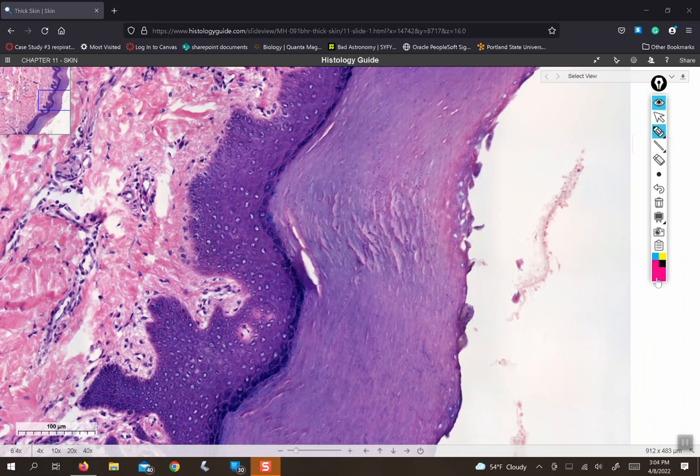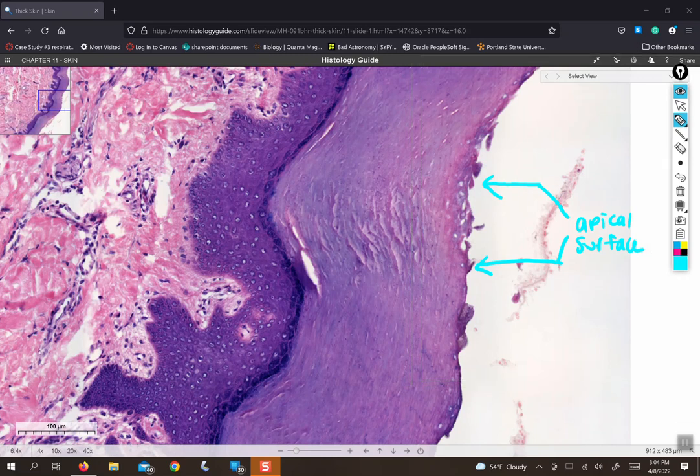So first things first, let's label the apical surface. That is the free edge of the epithelium. On the inside of you, the free or open edge of the epithelium is lining a lumen, but since this is our skin and it's covering our surface, it's just the outer layer of skin.